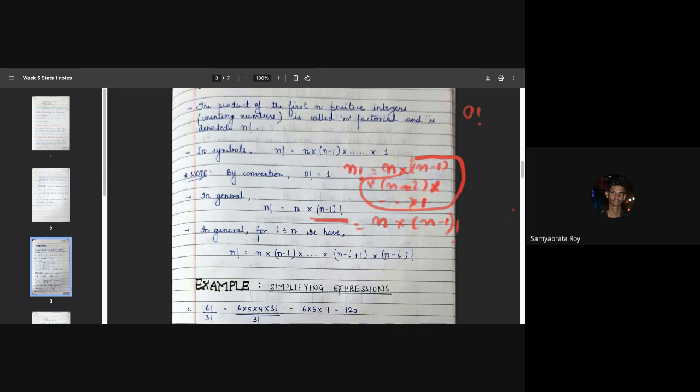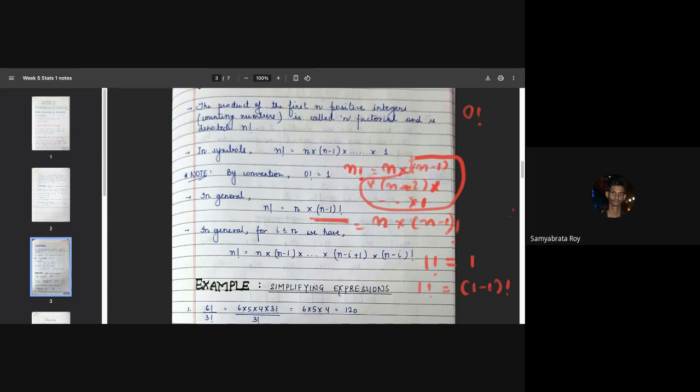Can you tell me what is the value of 1 factorial? Anyone? What is the value of 1 factorial? It's 1, sir. 1. Can I write it in this format as well? Like 1 factorial is nothing but 1 into 1 minus 1 factorial, because I'm assuming that n is nothing but 1, right?